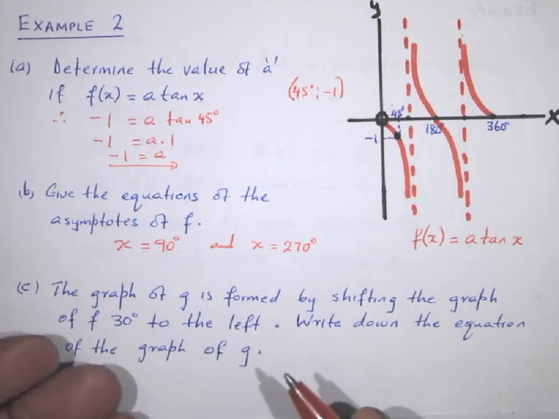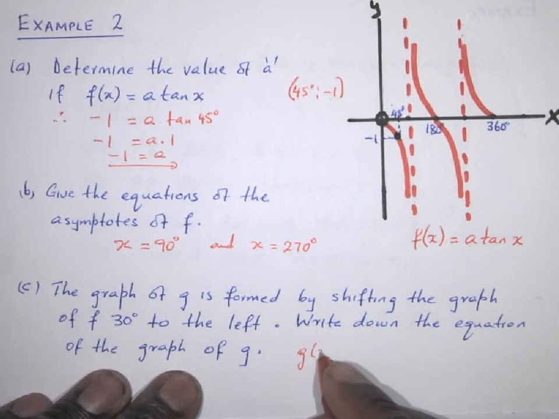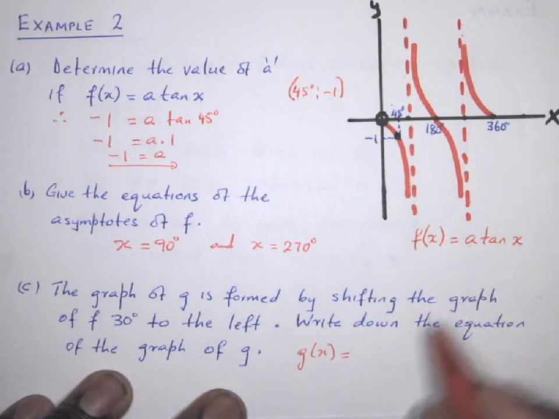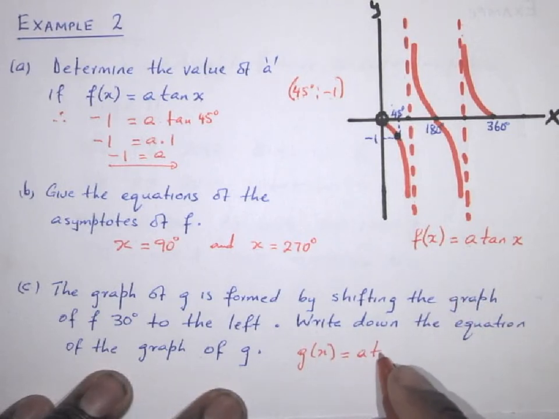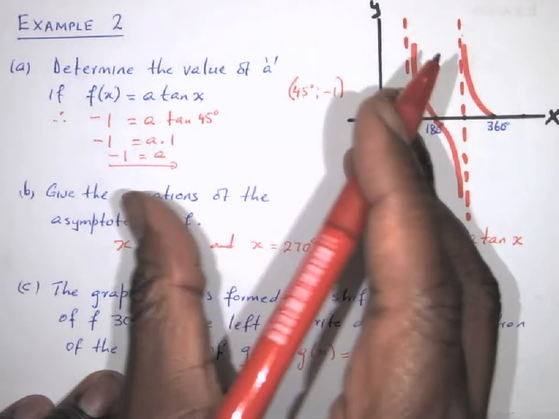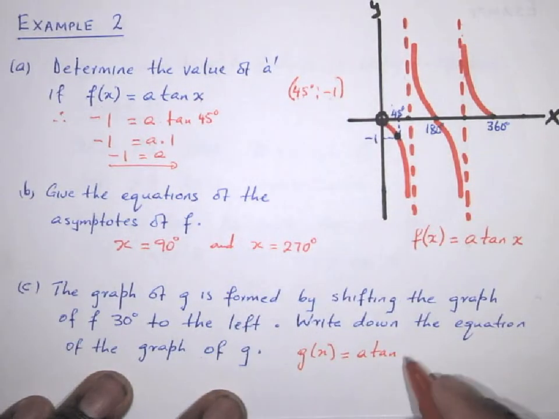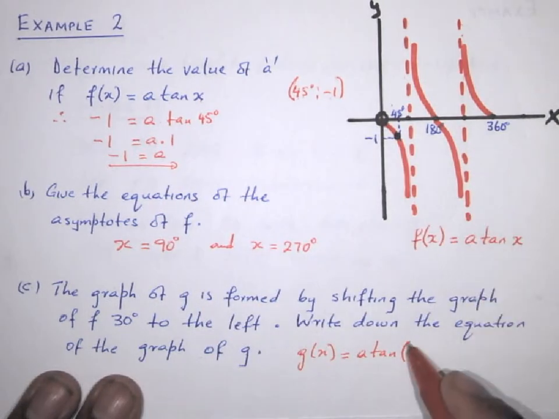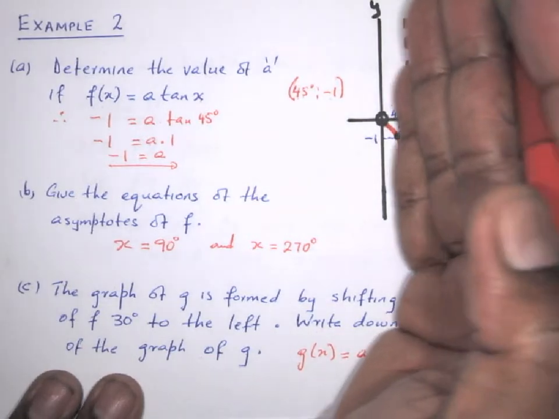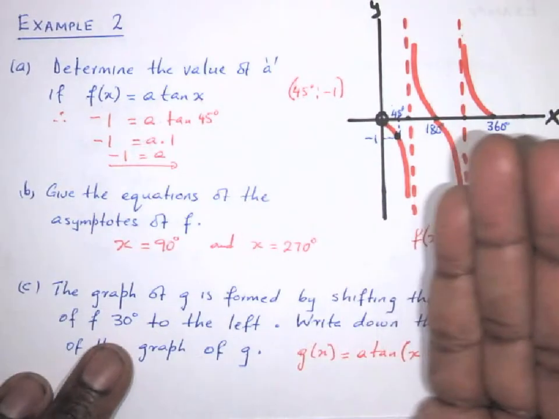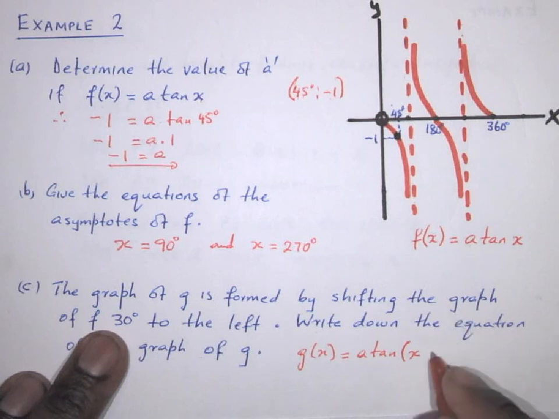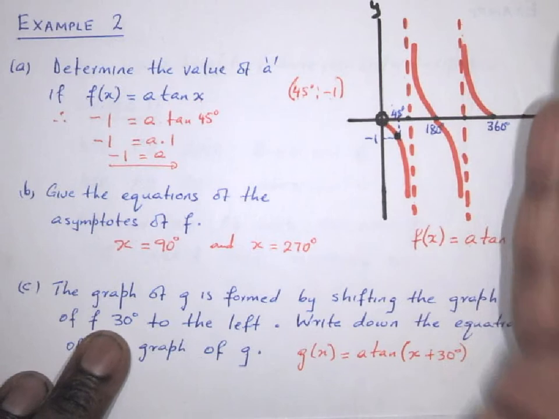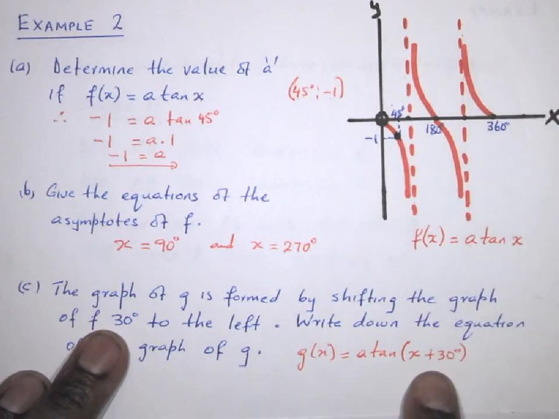So we'll have a new equation now. g of x is equal to, it is this graph here, which was a tan x. Now I'm shifting to the left, so I open my bracket. Whether you shift to the left or right, you must open a bracket. So it's x, and if you shift to the left, you must say plus 30 degrees. If you are shifting to the right, you will say minus 30 degrees.